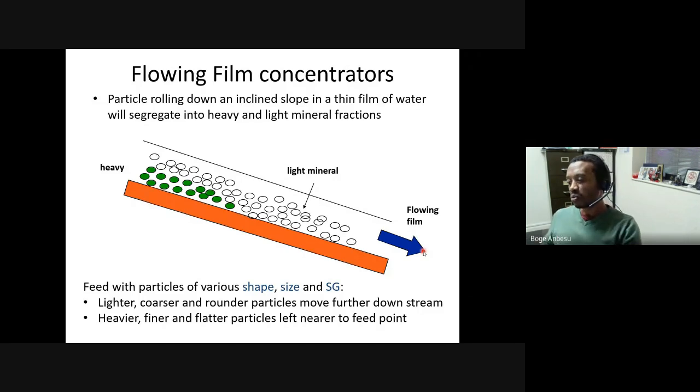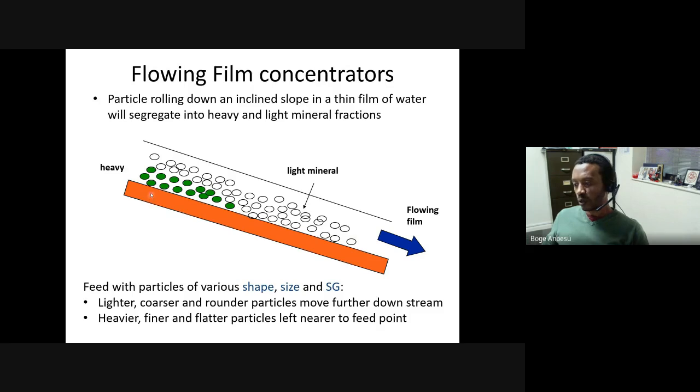Okay, so film concentrators are typically based on the fact that particles can travel short distances or long distances on the separating plane based on the shape, size, and specific gravity. So as I said, if particles are light, or if they are large, or if they're round, then the chances are they will travel very far on the table and they will be collected somewhere here.